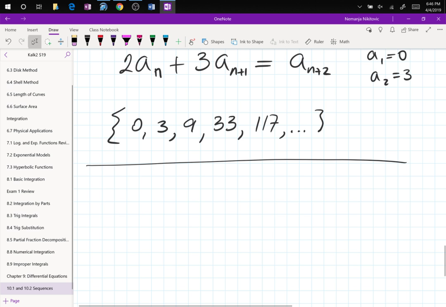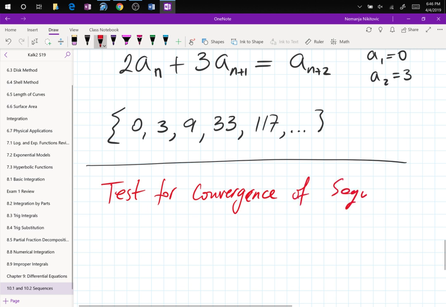So what are we going to do? We are going to write the test for convergence of a sequence. This is your first one, right? Test for convergence of a sequence.